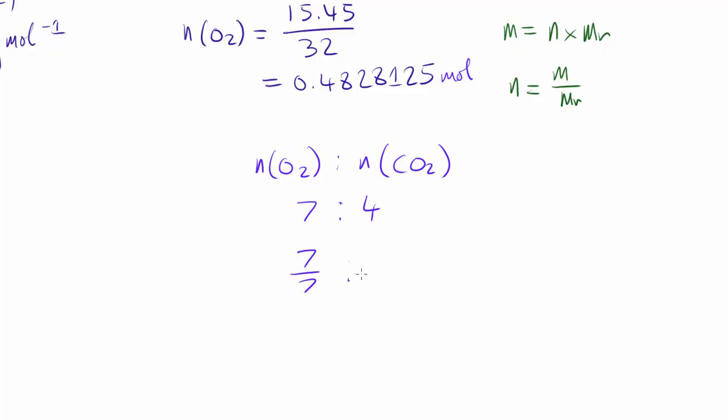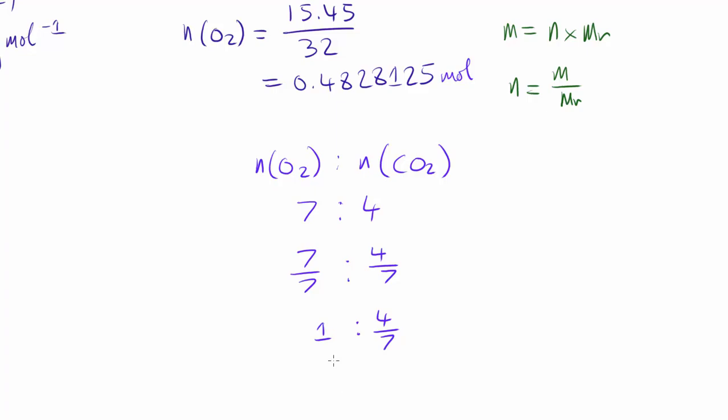But here's the thing: what you do on the left hand side, you need to also do on the right hand side to make sure that the ratio actually stays consistent with what we see in the balanced equation. Which means we have to divide 4 by 7 as well. Therefore, it's effectively a ratio of 1 to 4 over 7.